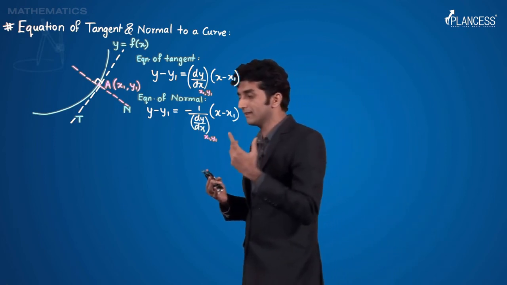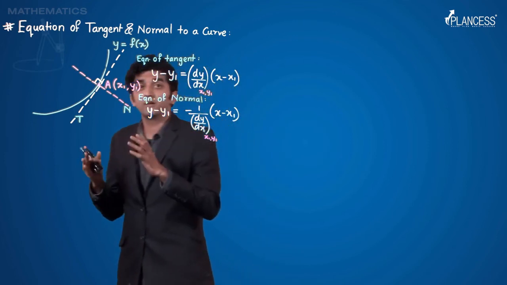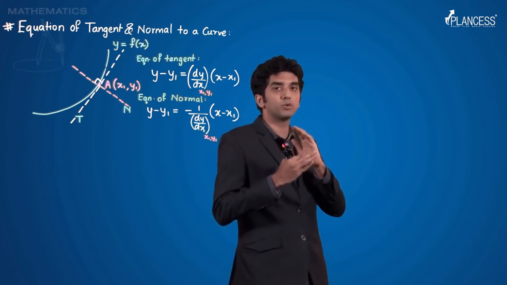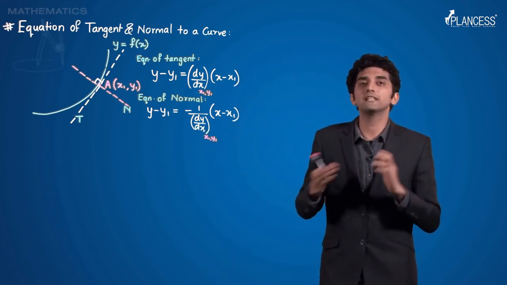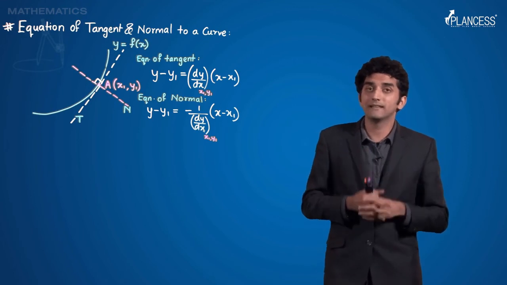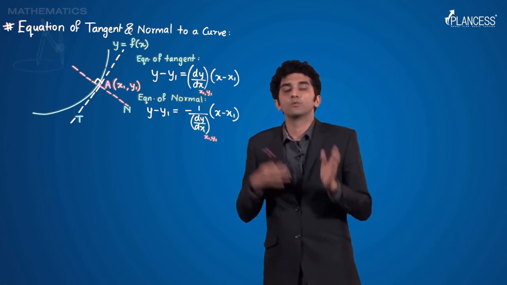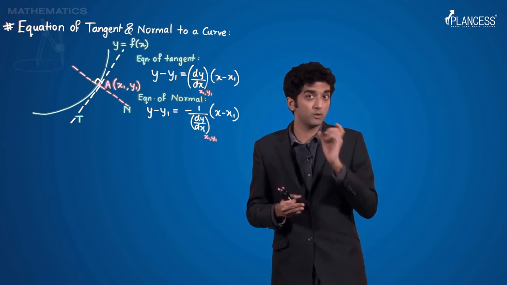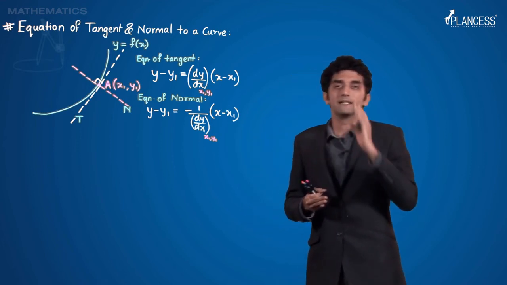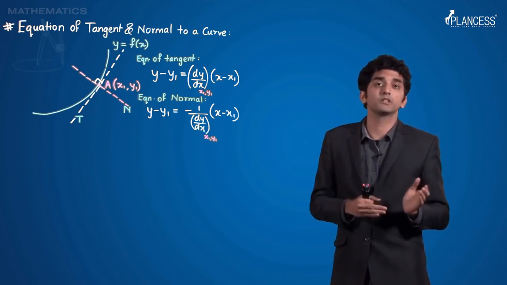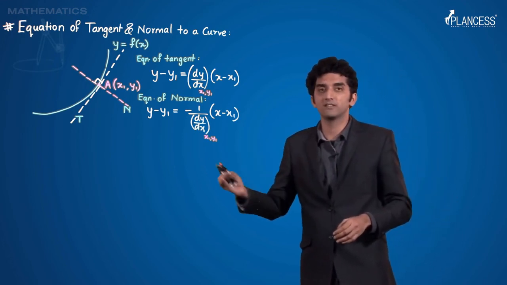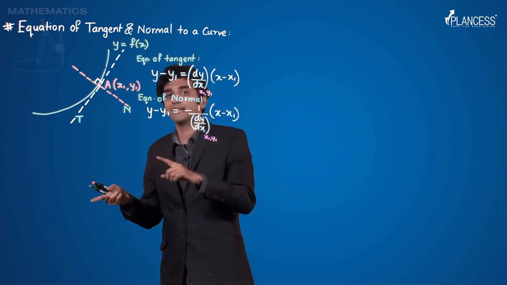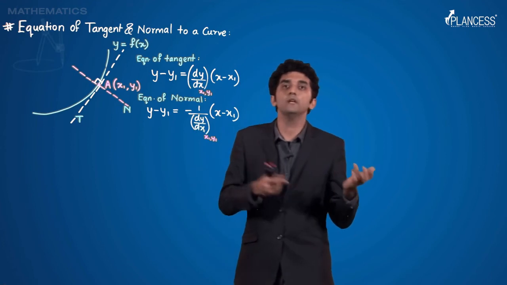On the other hand, one more thing that strikes me is if a particular line makes equal intercepts on both the axes. Try and imagine a line which makes equal intercepts on both the axes. In that case, dy by dx would only be equal to minus 1, because if a line makes equal positive intercepts on both the axes, then theta, the angle that it makes with the positive x-axis, will only be 135 degrees, and hence tan of 135 will be minus 1, so that you can equate dy by dx equal to minus 1.